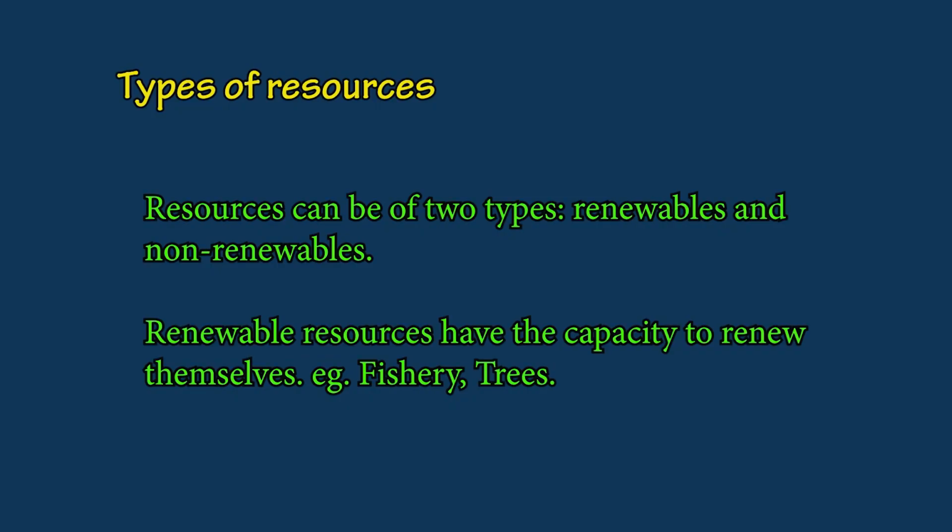Now, while we are talking about resources, resources can be identified as of two categories: renewable resources and non-renewable resources. Renewable resources are those which can regenerate themselves. For example, trees, fishery.